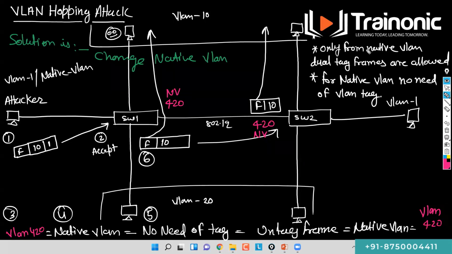Done. Only from the native VLAN, and now VLAN 420 is the native VLAN, dual tag frames are allowed. For the native VLAN, no need of a tag. Now VLAN 1 is normal.